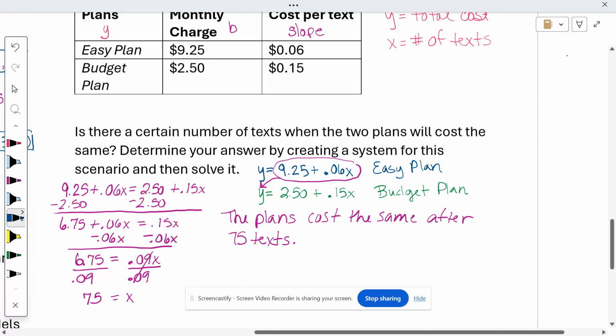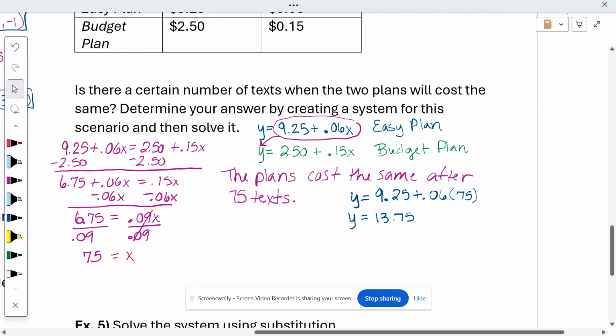What is that cost? Well, that just means you need to find out what the value of y is. So I'm going to take my first equation, the one that represents the easy plan, and I'm going to substitute in 75 for x. So y equals 9.25 plus 0.06 times 75. And I'm just putting this into my calculator, and I find out that y equals 13.75.